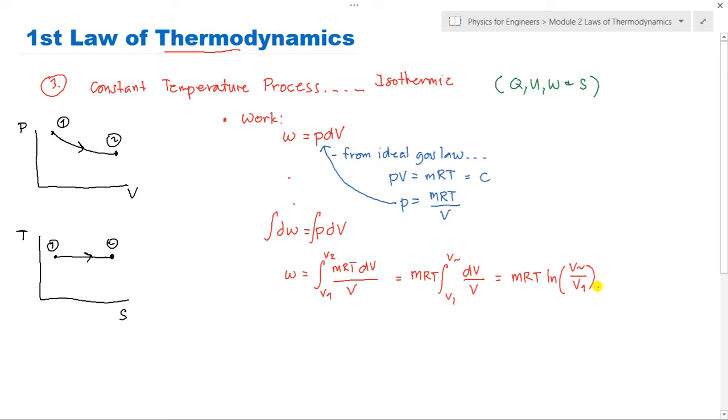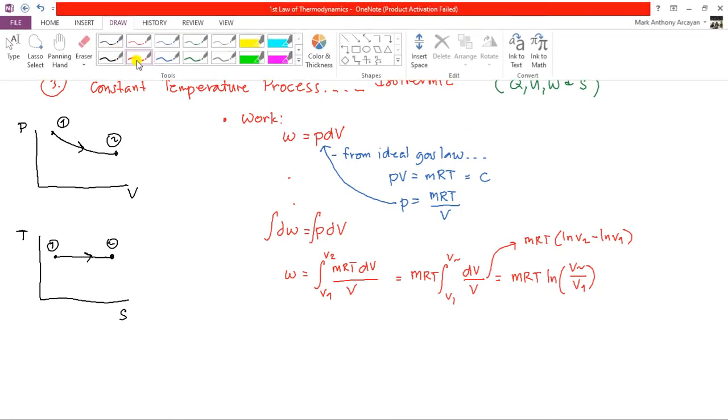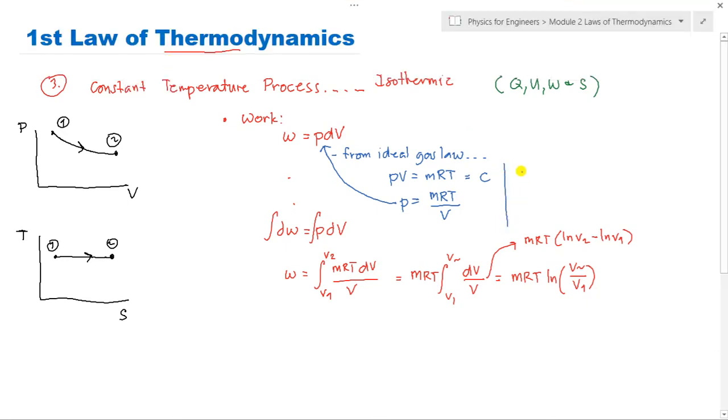Again this is the same as mRT multiplied by ln V2 minus ln V1. And then going back, mRT is just equal to PV. We have a relation here: since PV is equal to constant, we can say that P1 V1 is equal to P2 V2, which is equal to mRT.